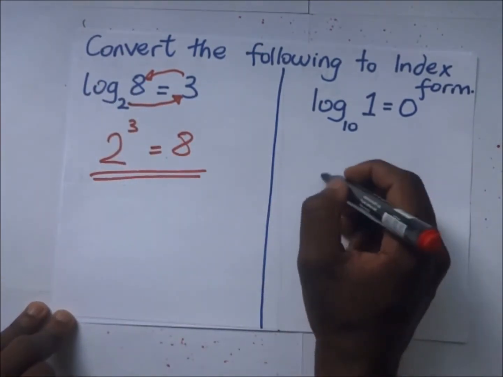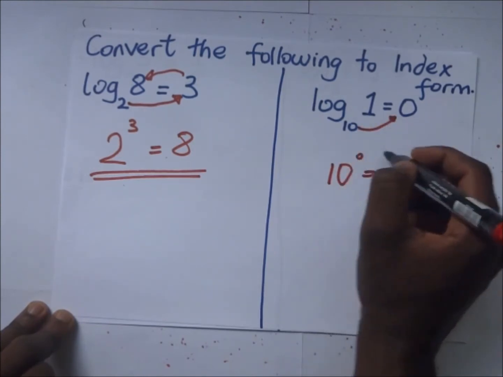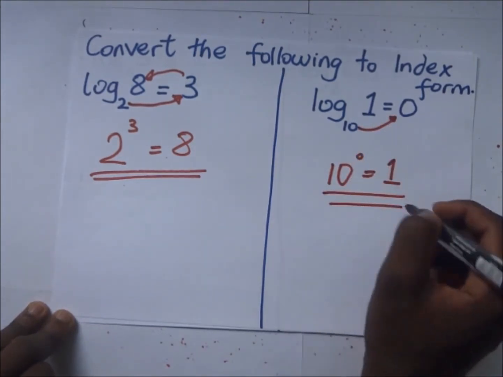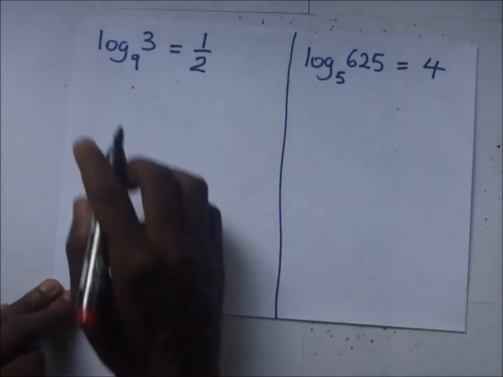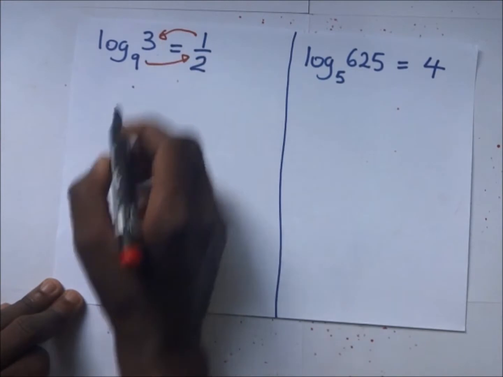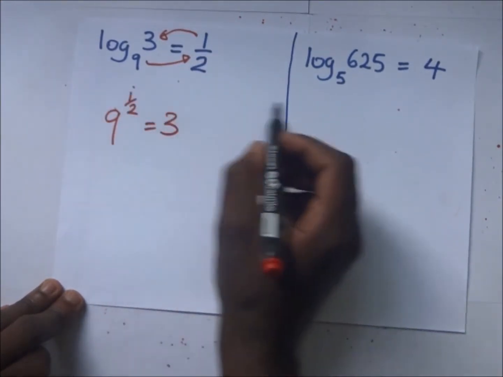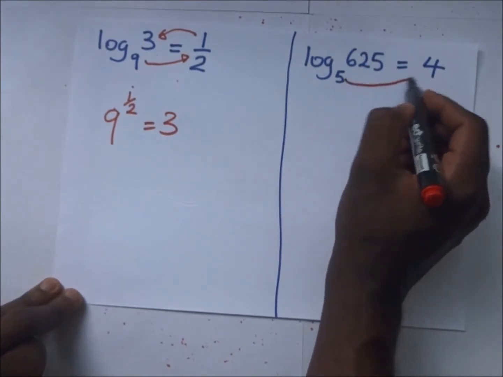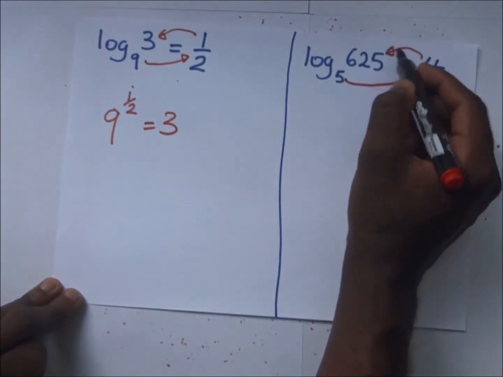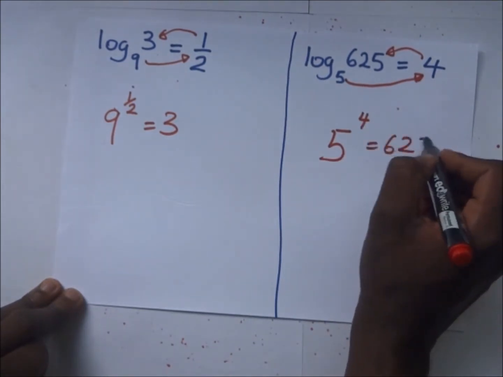It's the same thing we shall do here. 10 to the power 0 is equal to 1. Then also, just like before, it's going to be 9 to the power half is equal to 3. And also here, it's going to be 5 to the power 4 is equal to 625. So it's 5 to the power 4 giving us 625.